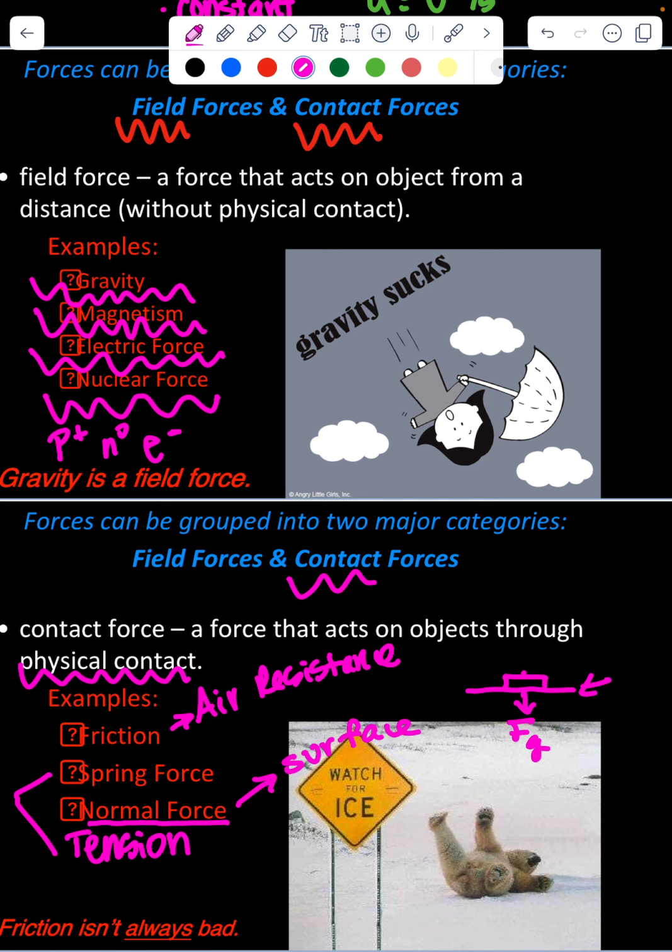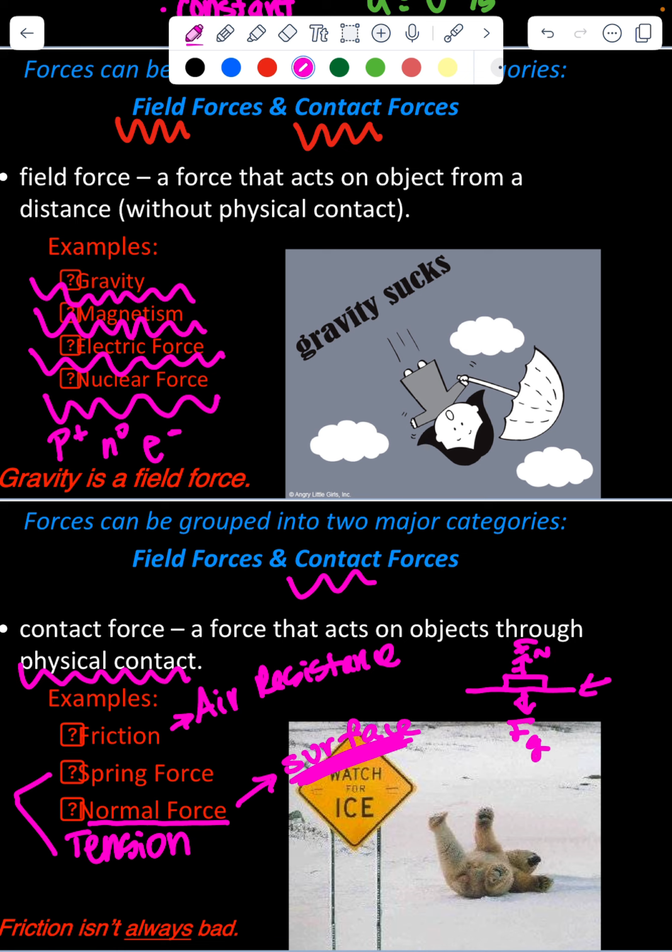The table is exerting a normal force, pushing back up on that book. Because the book is not moving up and down, we know that those two are balanced. But if something is on a surface, on the ground, on the table, on the roof, anything like that, it is going to have a normal force.